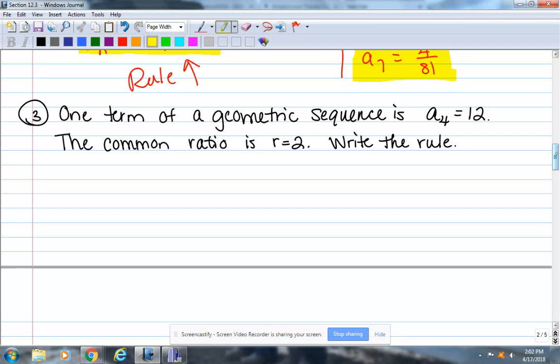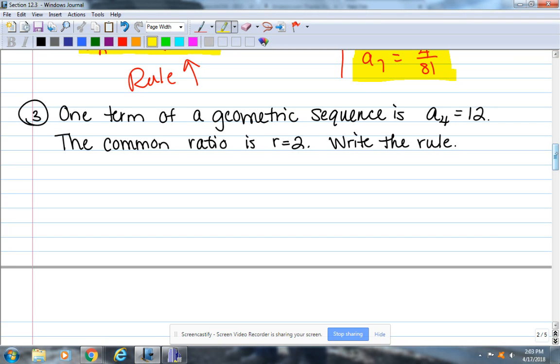We got to know the starting term of the series, and we've got to know the common ratio, little r. Well, they didn't give me a list of the terms of the series. They just told me one term of this series, and it's not the first one, is it? No. They told me the 4th term in this series is 12. And the common ratio is r equals 2.